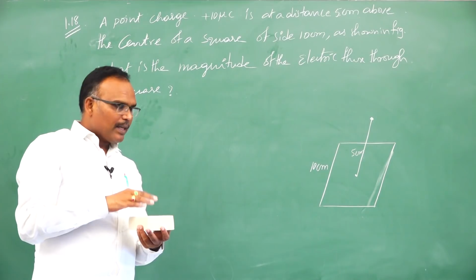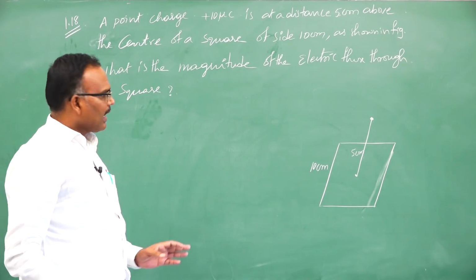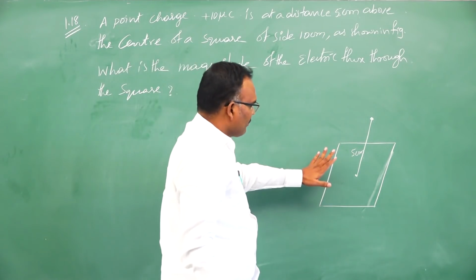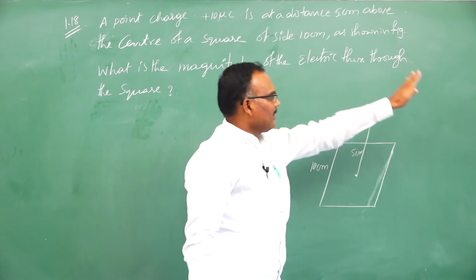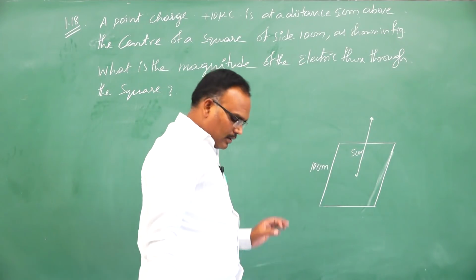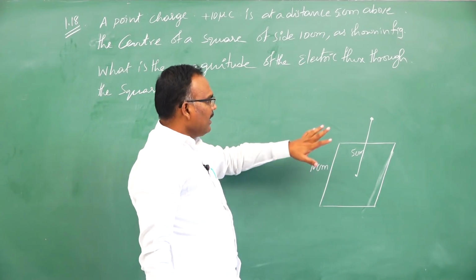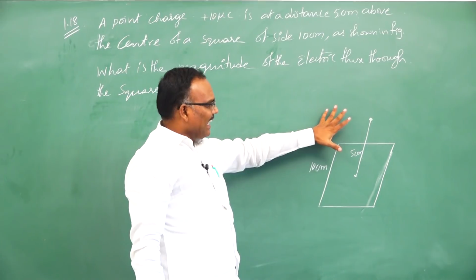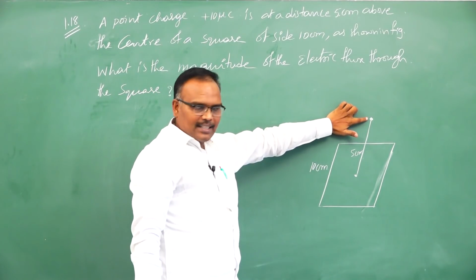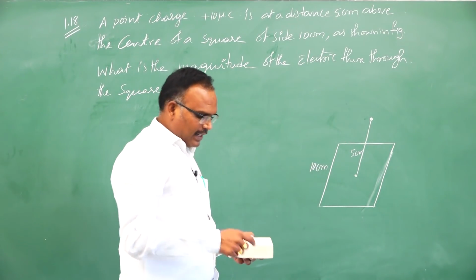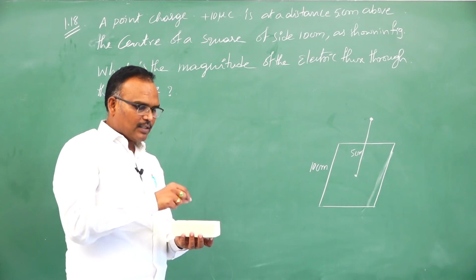Okay, so what I am doing here is I will imagine a cube. See, this is very important, if we are able to create a symmetry for this charge. For example, imagine this is the bottom face of the square.